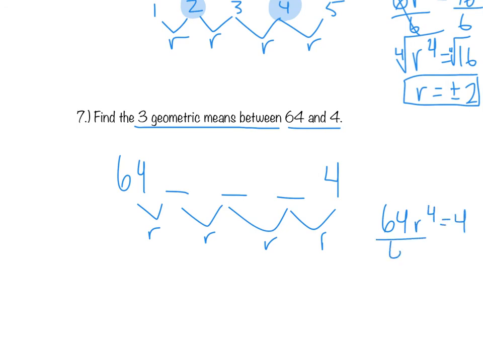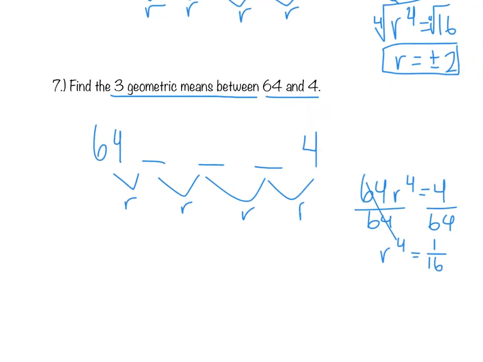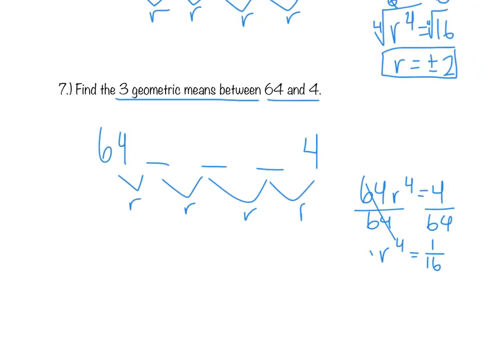So then when we divide by 64, r to the 4th equals 4 divided by 64, that should be 1/8. No, 1/16. 4/64 is 1/16.